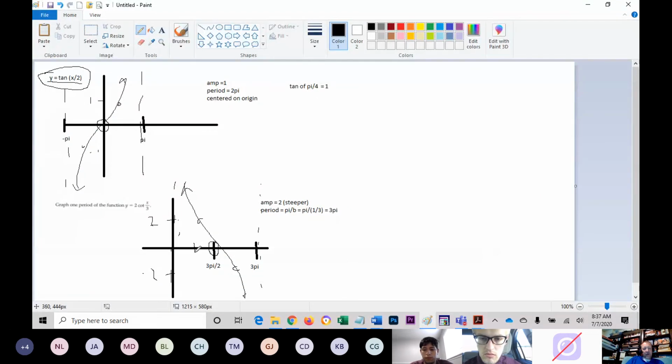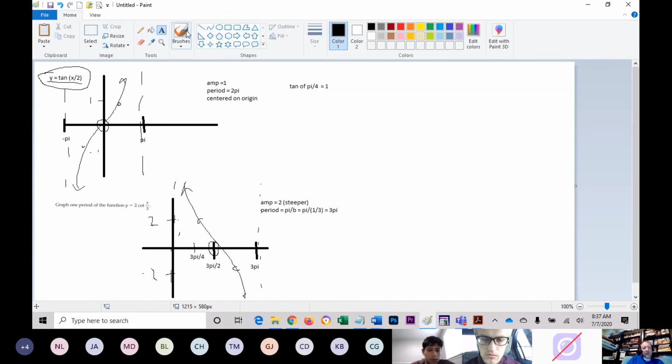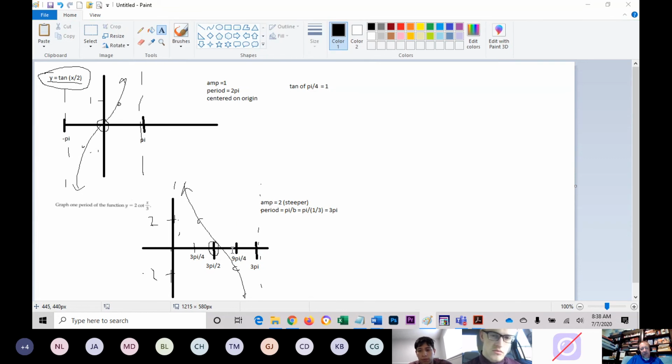This point here is going to be 3 pi over 4, and then this point here is going to be 9 pi fourths. So I would expect you guys to label these as well, not just the middle two as I did there.